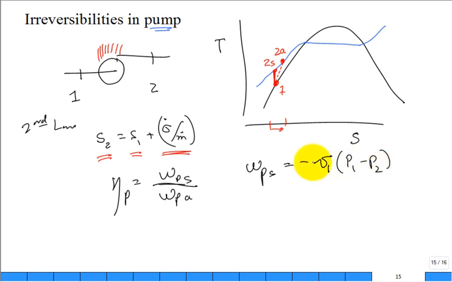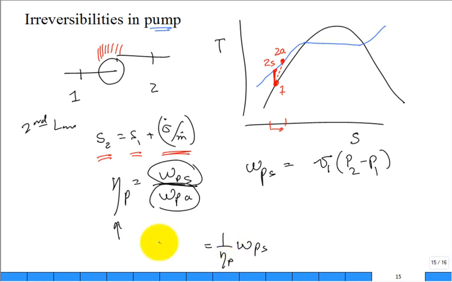But look, just get rid of the negative sign, take ownership. It's P2 minus P1. It's a positive quantity. All right. What about this one? Well, you can do it a couple ways. Often you're given the isentropic efficiency so that you calculate WP isentropic using that equation, and divide it by the pump isentropic efficiency, and that allows you to calculate the actual work of the pump.